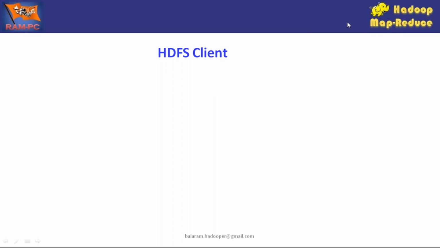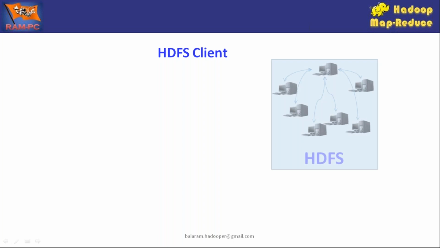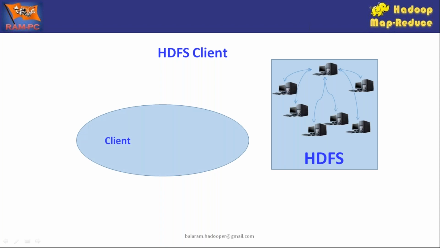Now let us see here, we have the Hdfs cluster. I am the client outside the Hdfs, and I want to communicate with the Hdfs. For communicating with Hdfs, the client should have the Hdfs file system interface.